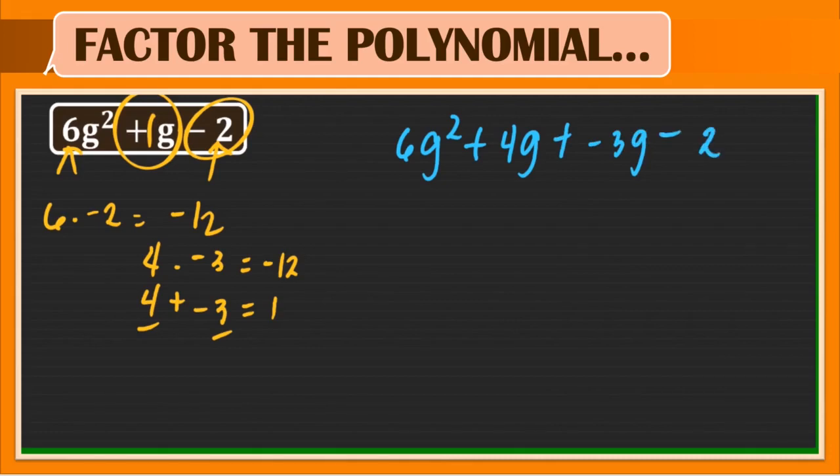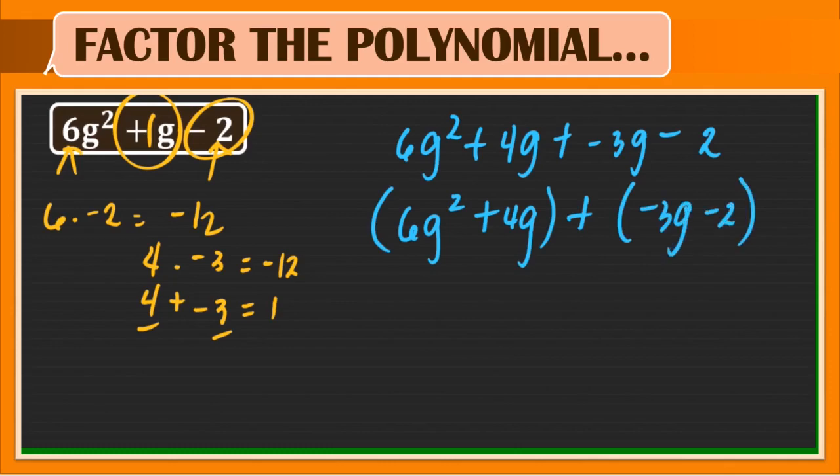Then we will group 6g squared plus 4g together, plus negative 3g minus 2. The common factor of 6 and 4 is 2, and for the variable it's g. So the remaining quotient, 6 divided by 2 is 3, g squared divided by g is g, plus 4 divided by 2, that's 2, g divided by g is simply 1.